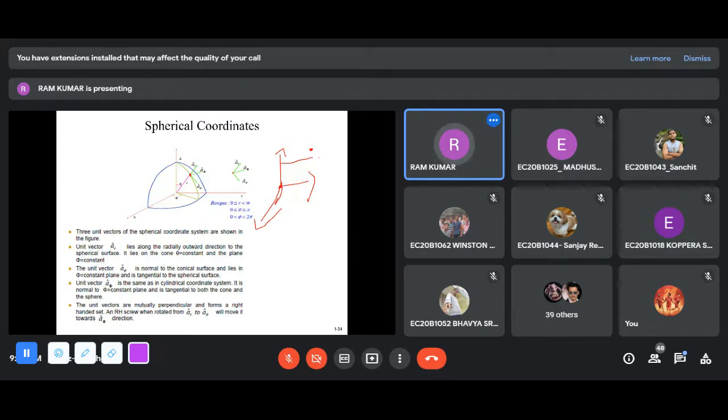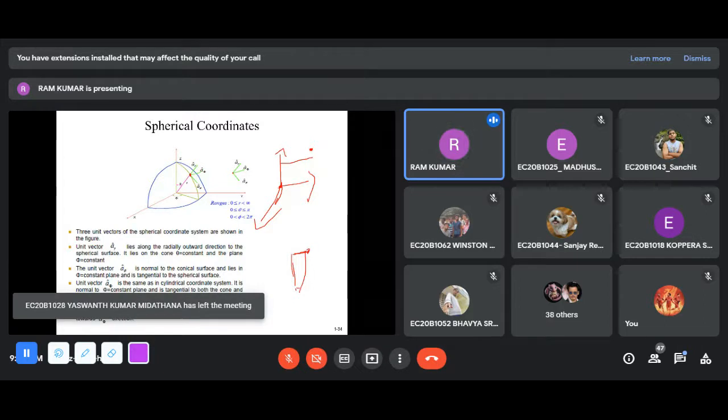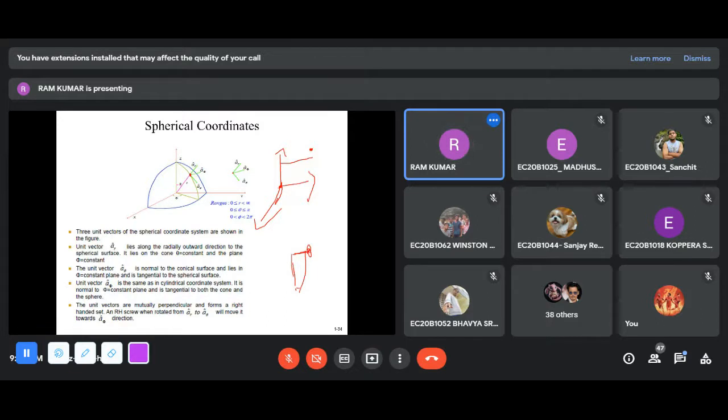Similarly, if you use a cylindrical coordinate system, you can fix that point. There is some z height from the origin, some distance or radius from the z axis, and also some angle between the x axis and the line. Then you can get exactly that position using rho, angle phi, and z.